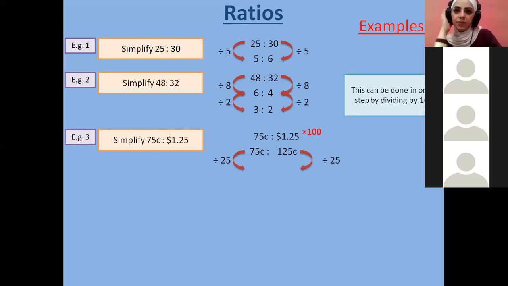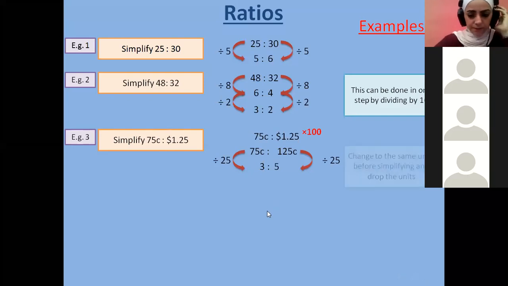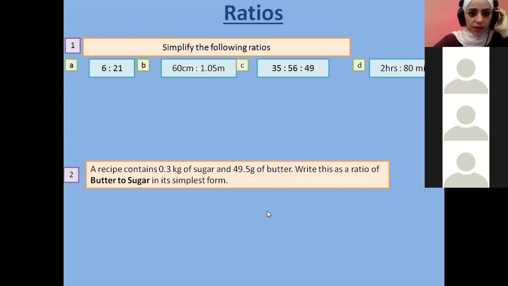So she did the simplest form by 5 first, then by 5 again. And here we did it by 25 directly. So the simplest form is 3 to 5. But don't forget that you should change the units. Excellent, Zaina. Thank you.